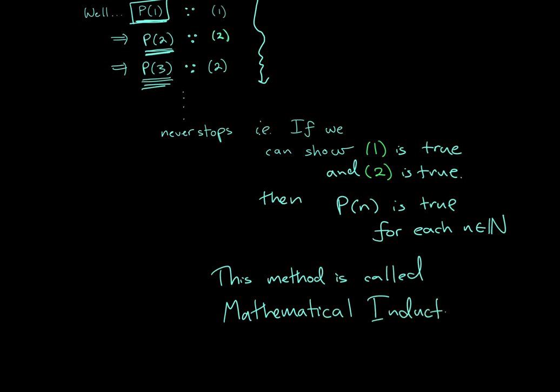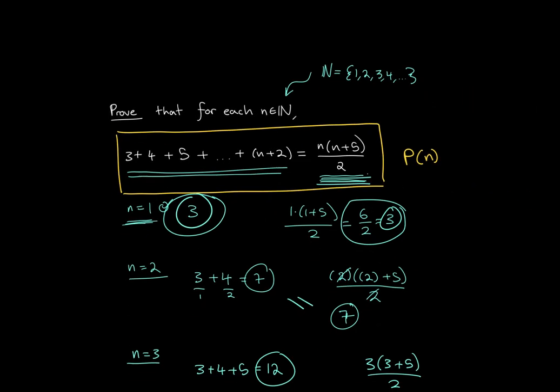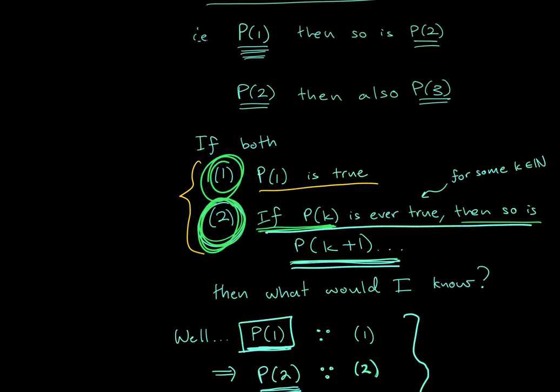Let's see it in action with this case specifically. So what I'm trying to say here, go back to our original goal. We want to prove that for each n in the naturals, this statement in the yellow box is always true. I have two jobs. What I want to do is to accomplish both of these green circles. So let me kind of reorganize here.